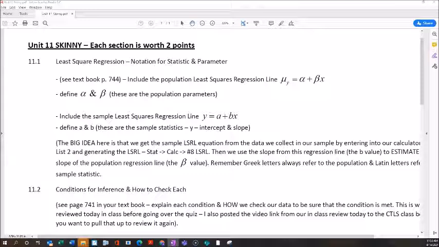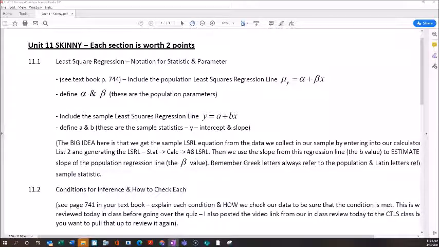And then I've also put a couple of old quizzes that just cover the linear regression. And I'll put that out there as well with the answers, just if you want something else to look at, a little extra practice or more examples for your skinny.